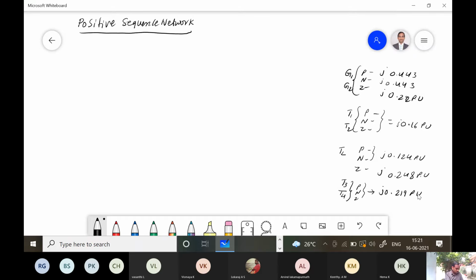And for the motors, I will write here: motor M1, zero, positive and negative are the same, that is 0.343.